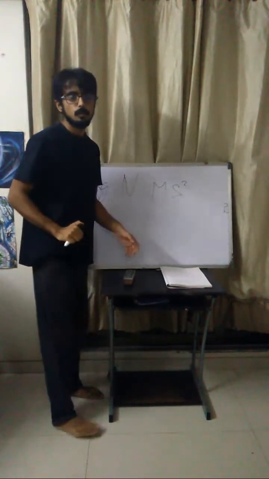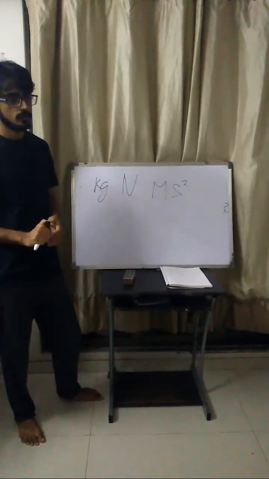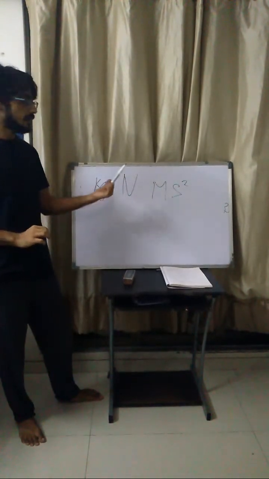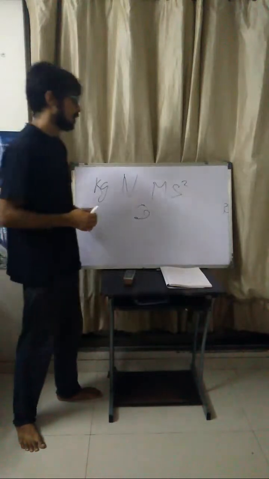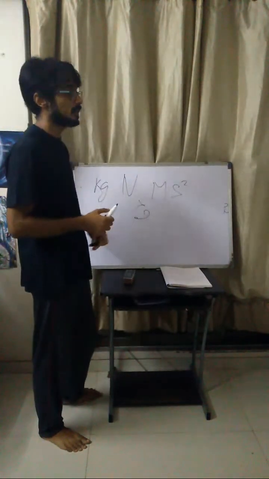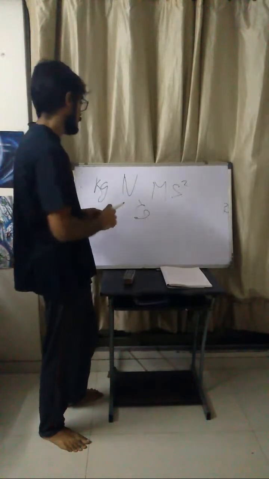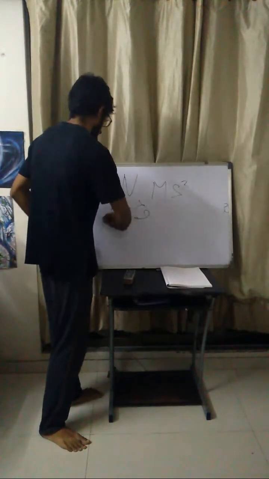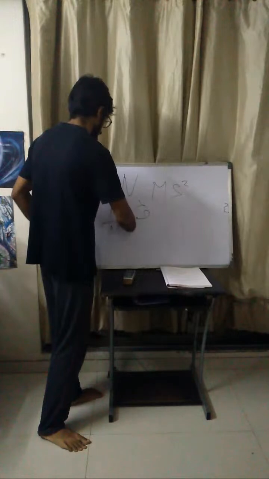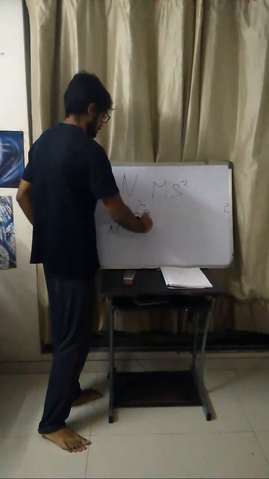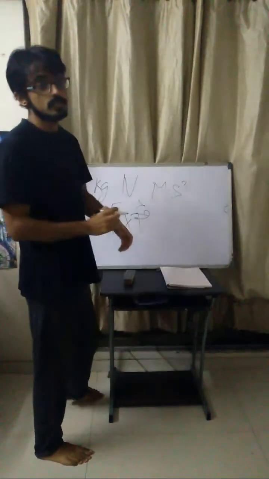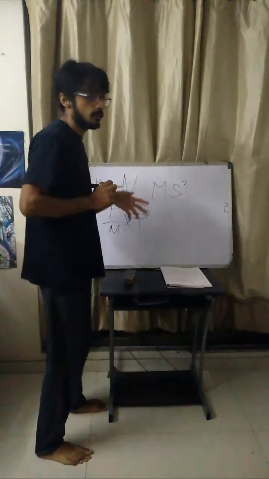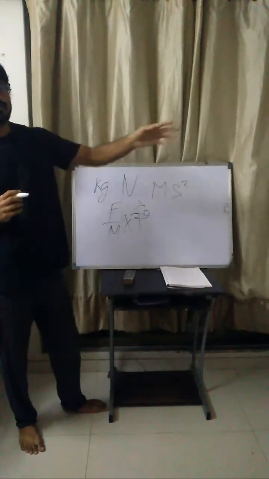Now, what exactly is a force? A force is anything that can, well, momentum is mass times speed, right? And that would be force divided by mass into time. Force divided by mass into time is momentum. Momentum is directional inertia.